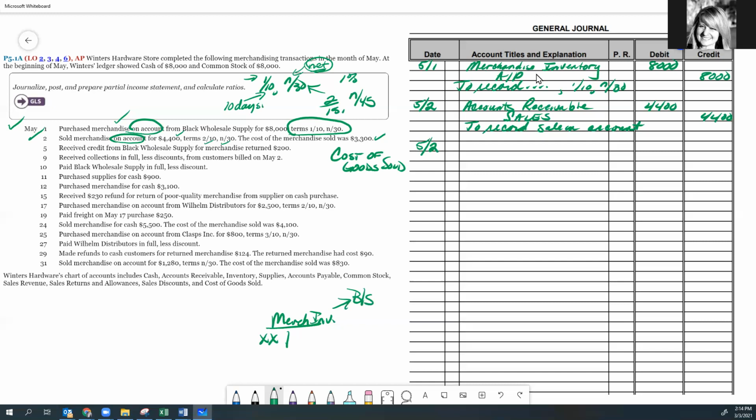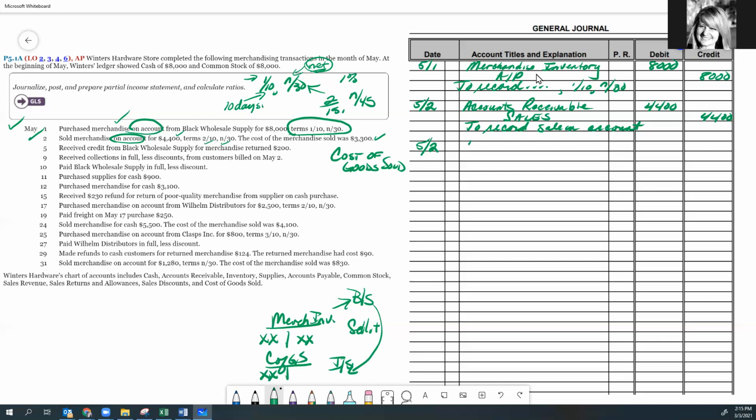We have to eventually move it to expense, which shows up on our income statement, and we do that when we sell it. So that's what we're doing in this transaction. We sold it, so we're going to take it out of merchandise inventory, make it go down, which makes sense because we no longer own it. And we're going to put it in our cost of goods sold account, which is an expense account. So we're going to debit the expense and make it go up.